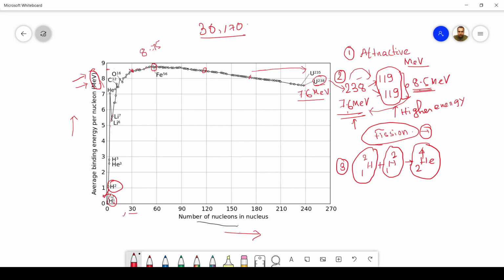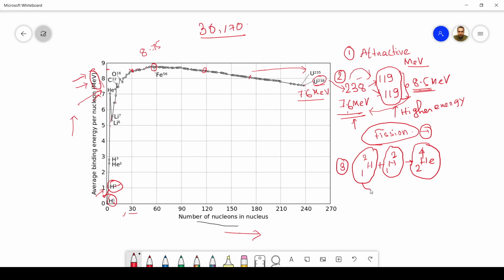Here hydrogen has this much average binding energy per nucleon, whereas for helium the average binding energy per nucleon is this much. So there is obviously a difference.